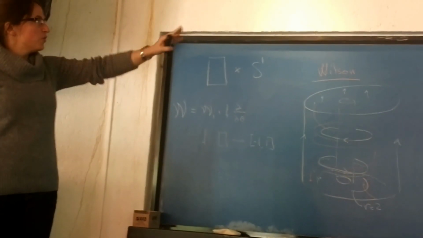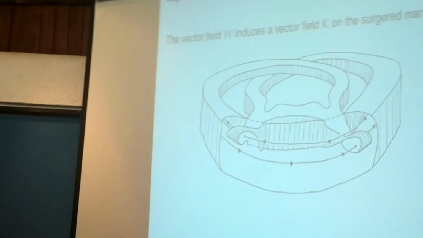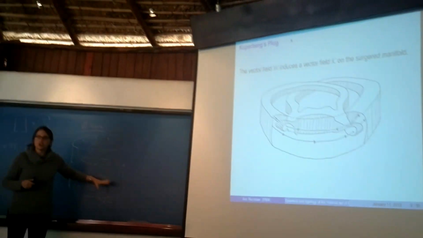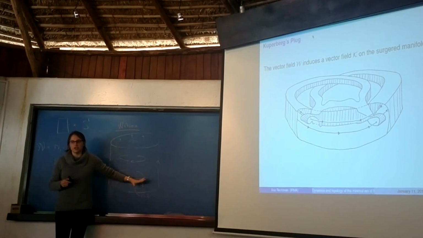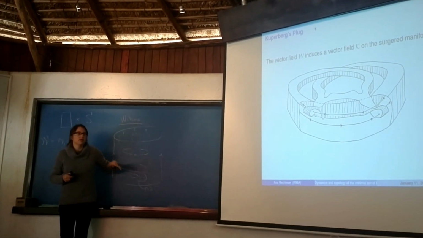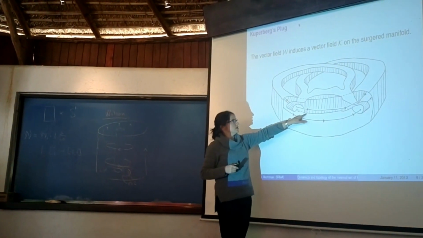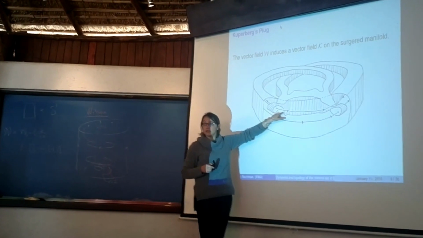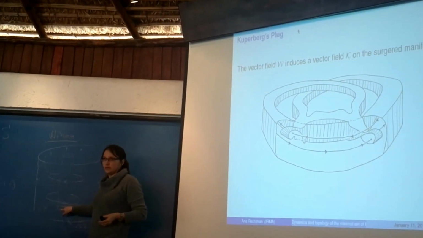Okay, so I will always call it the Wilson plug. And what I want to do is to use it to produce the Kuperberg plug. So what I'm saying is how the insertions are constructed. First I just choose a disk in the entrance. It's the first thing I do. And then this red arc, I will map it to some arc in the inner boundary of the Wilson plug. So I have to choose some other arc in this inner boundary.